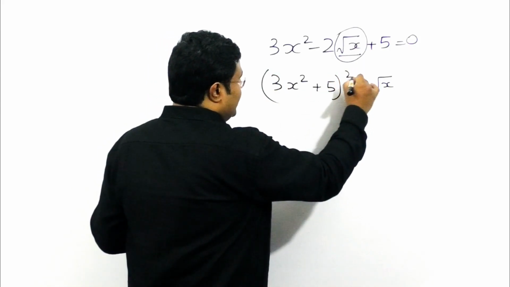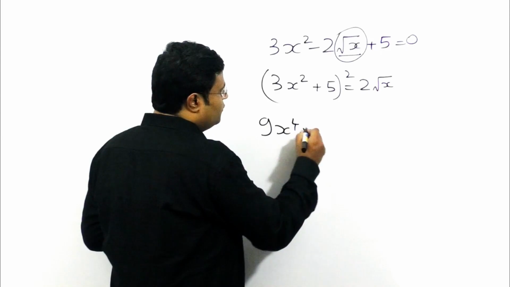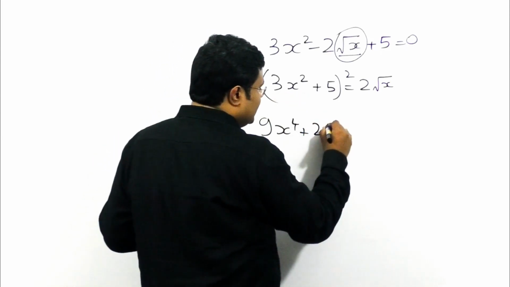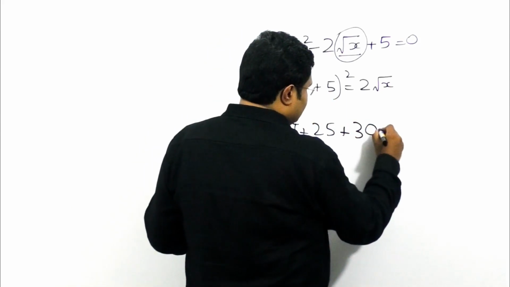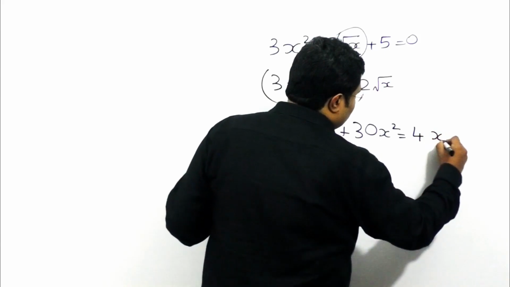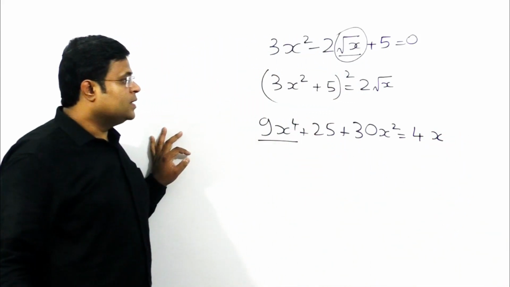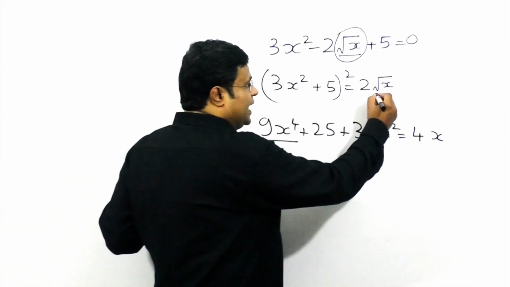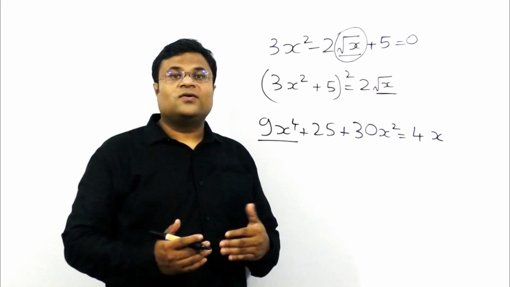Now, when I square it, this becomes 9x⁴ + 25 + 30x² = 4x. In order to get rid of the root x, we have got a highest power of x as 4.